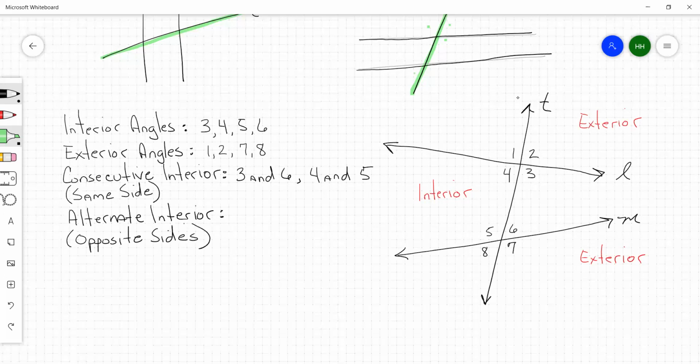They're on opposite sides of this transversal T. So one pair is 3 and 5. The other pair of alternate interior angles in this picture are angles 4 and 6.